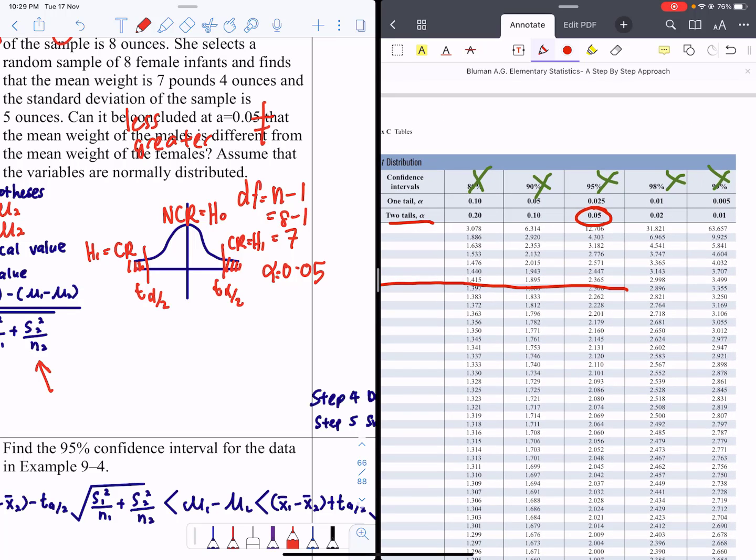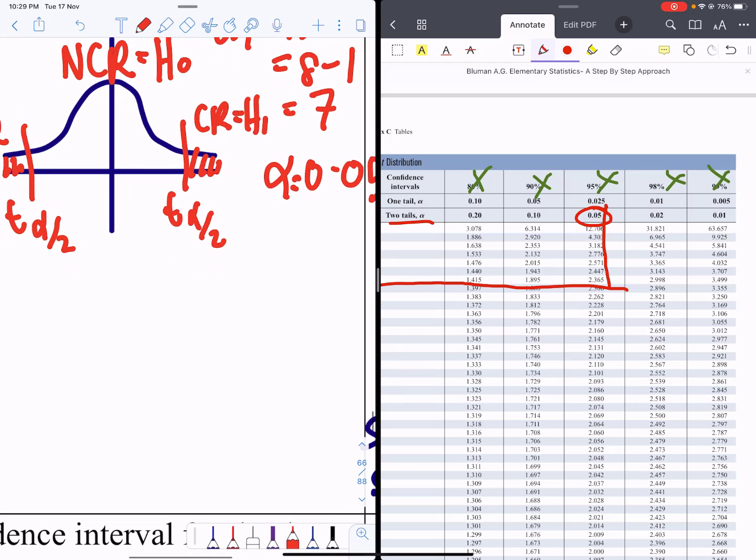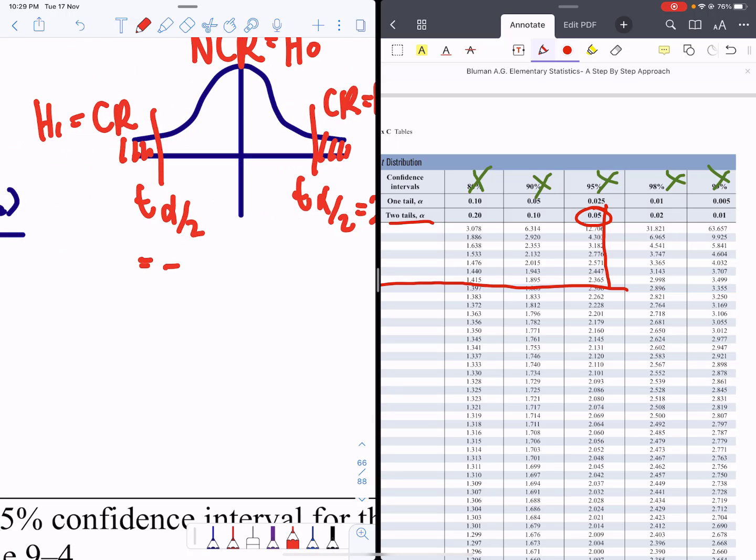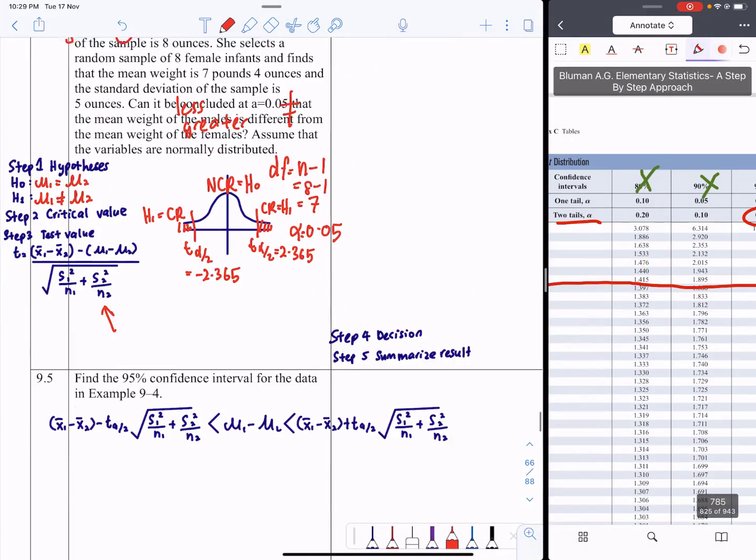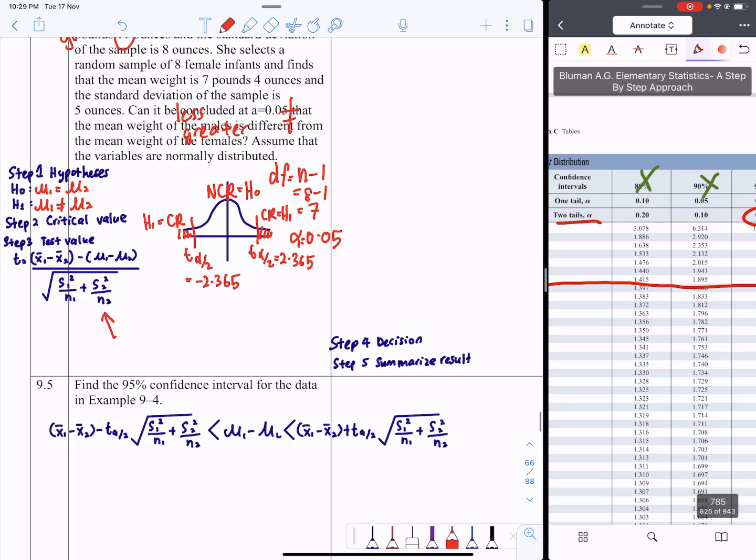Hopefully I'm not mistaken, it is 2.365. This one is negative 2.365. Okay, finish for the table. That is the critical value.